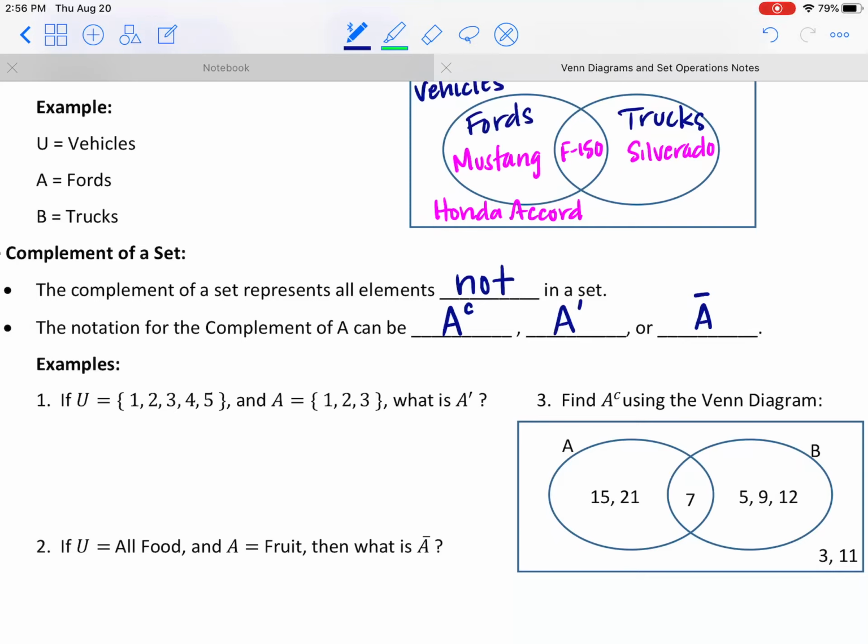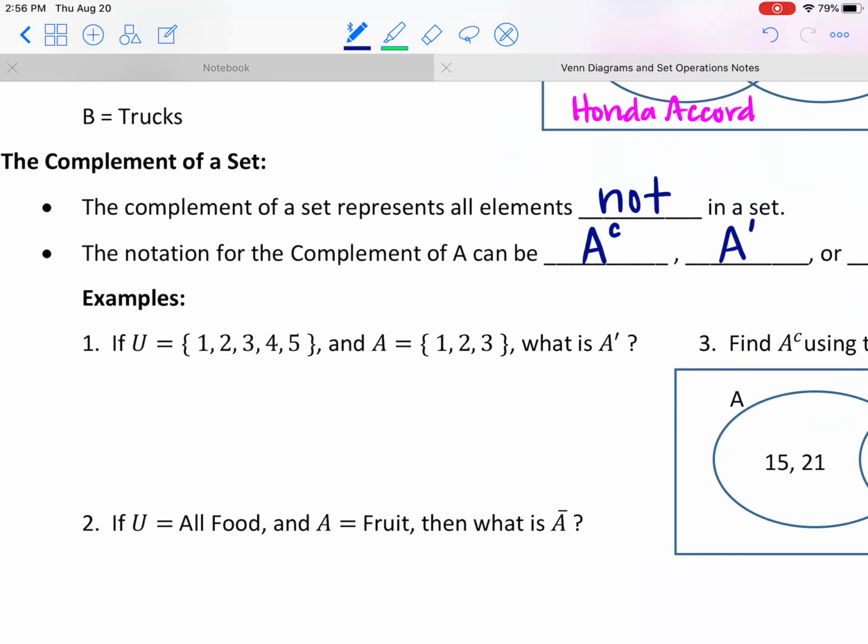So again, if I want the complement of A, I want to know what's not in A, right? But in the universal set. So, for example, on number 1 here, the universal set is the numbers 1 through 5: 1, 2, 3, 4, and 5. If set A is the numbers 1, 2, and 3, its complement is going to be everything else. Everything else that's in the universal set but isn't in A.